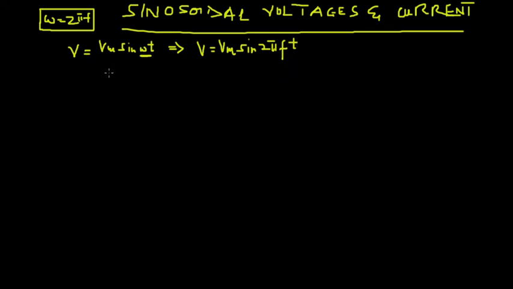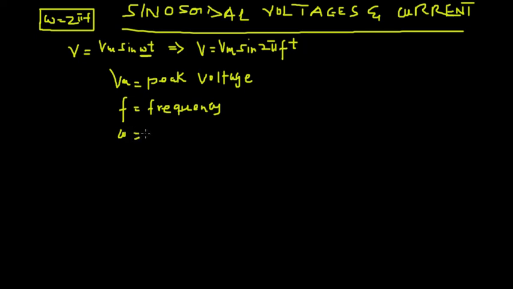Now we know that Vm is our peak voltage. Most definitely f will be frequency, just like in our alternating current calculations, where we calculate frequency with a certain time, and we found the average value and the root mean square value.